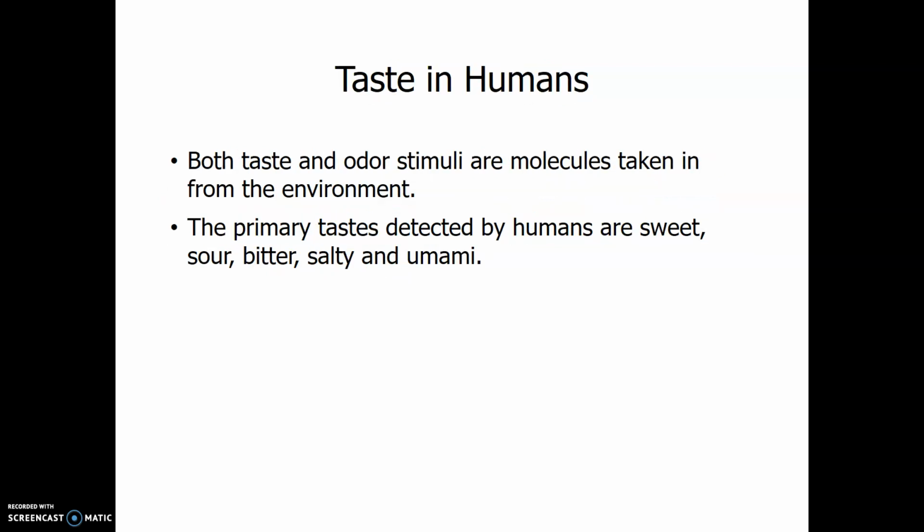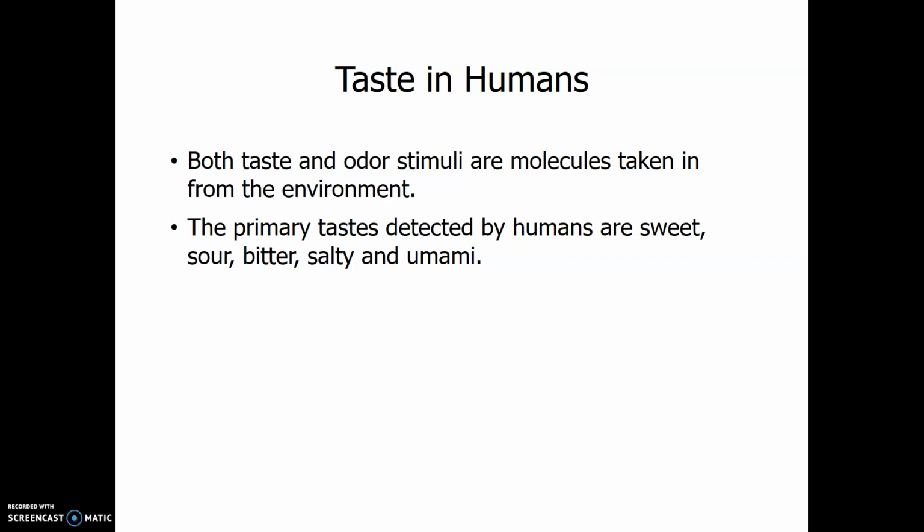And then taste and odor are both stimulated by molecules in the environment, either coming from food that we actually taste on our tongue, or coming from gases or liquids that we drink, or just gases in the air.